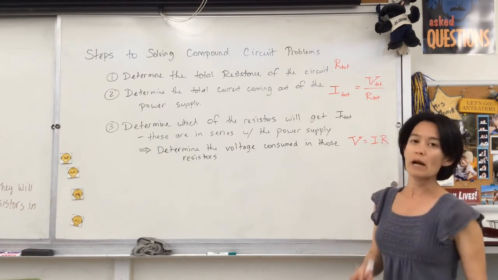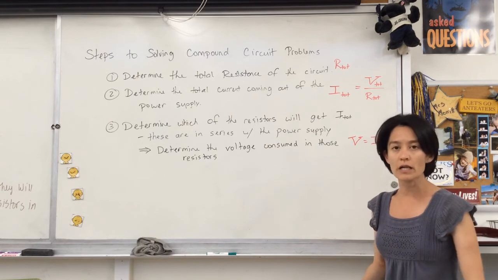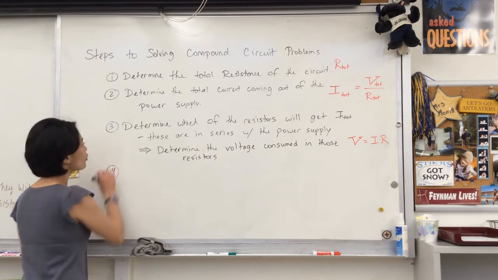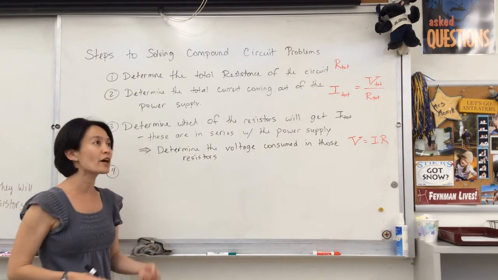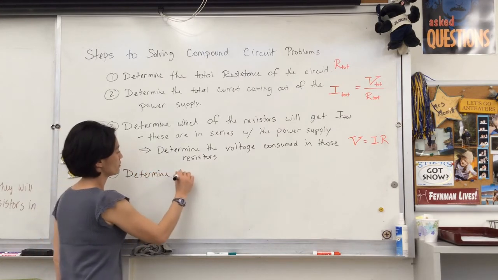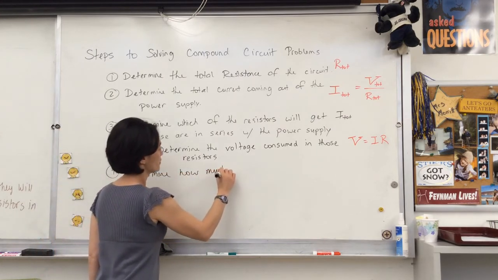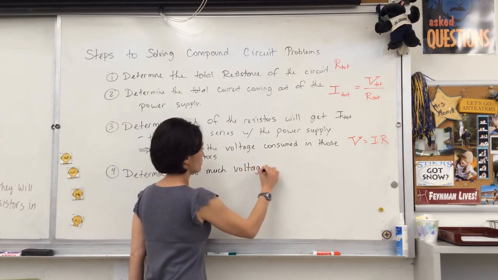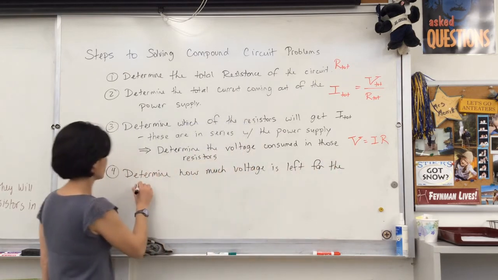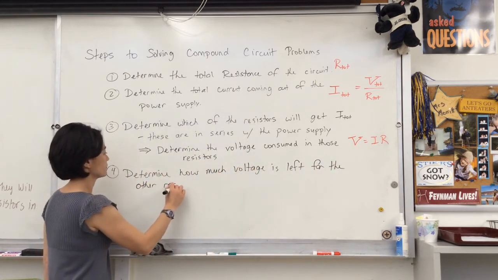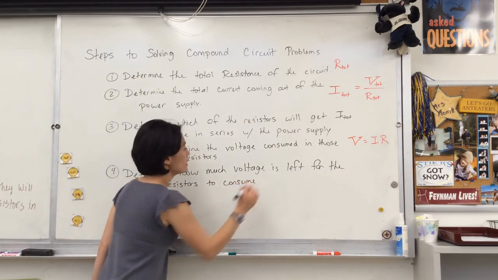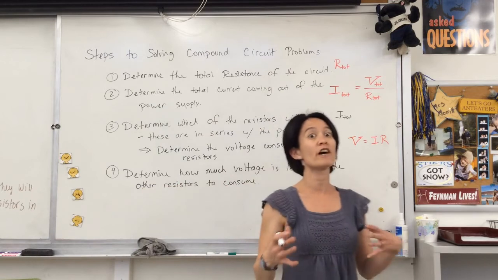Now the next part's a little abstract and it may not make sense until I come back to class with actually practicing problems. But step number 4 is determine how much voltage is left for the other resistors to consume. And remember the idea of conservation of energy.